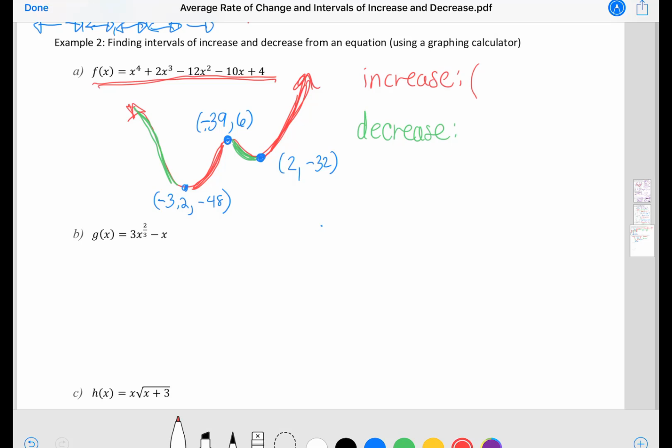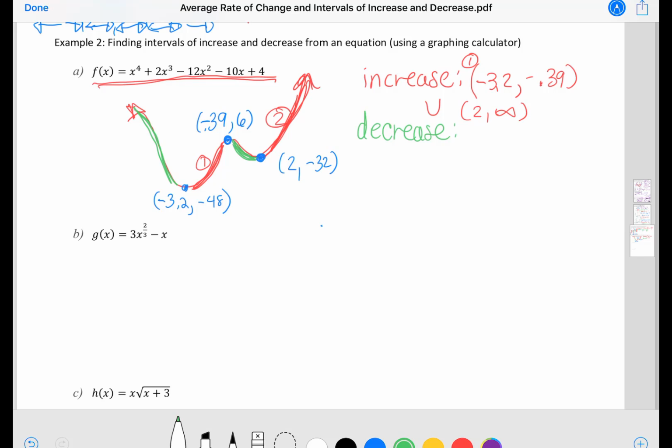For my interval of increase, I'll call this interval 1, so I can label it. Interval 1 is going to go from -3.2 up to -0.39, union, and then my second interval would be from 2 to infinity.